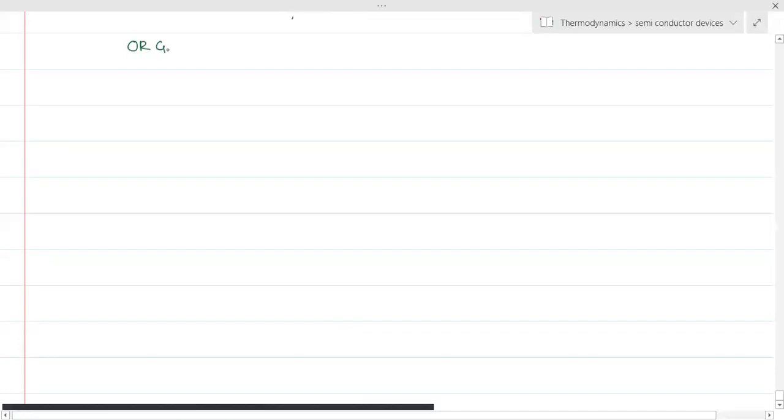So first I will take the OR gate. I will take the symbol of the OR gate. So this will be the symbol of OR gate. These two are called inputs A and B, and Y is output.